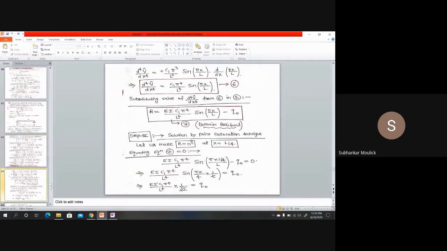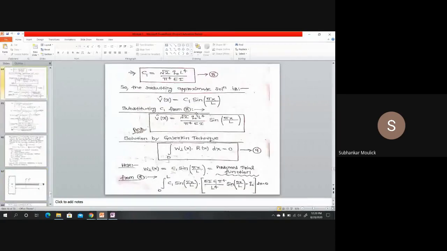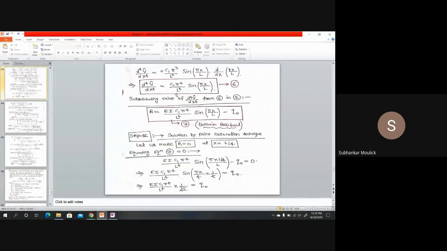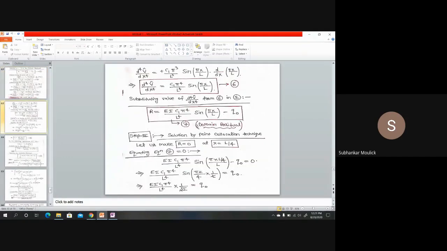That is R is equal to E into I into this particular value, which is equation number 6, C1 pi to the power 4 upon L to the power 4 into sine pi x by L, minus q naught. So minus q naught, equation number 7. This equation number 7 is your final domain residual or final error function in terms of your approximating function or trial function. Is it clear, equation number 7? Yes, sir.